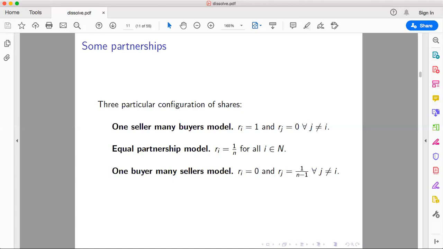In this case, I have just taken it to be 1 over n-1. So let's keep these share vectors in mind. The result will have corollaries for each of these 3 particular property right structures.